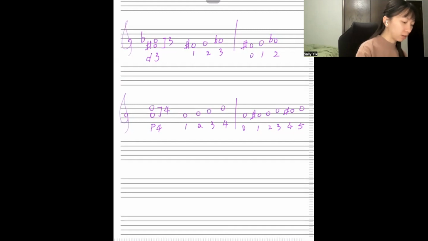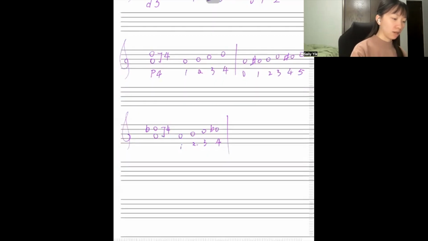However, if we have something like this, what will happen? Let's say now we have A and D flat. If you count the number of steps, it's still a fourth apart. It's still a fourth. 2, 3, 4. And then if you count the number of semitones, let's see.